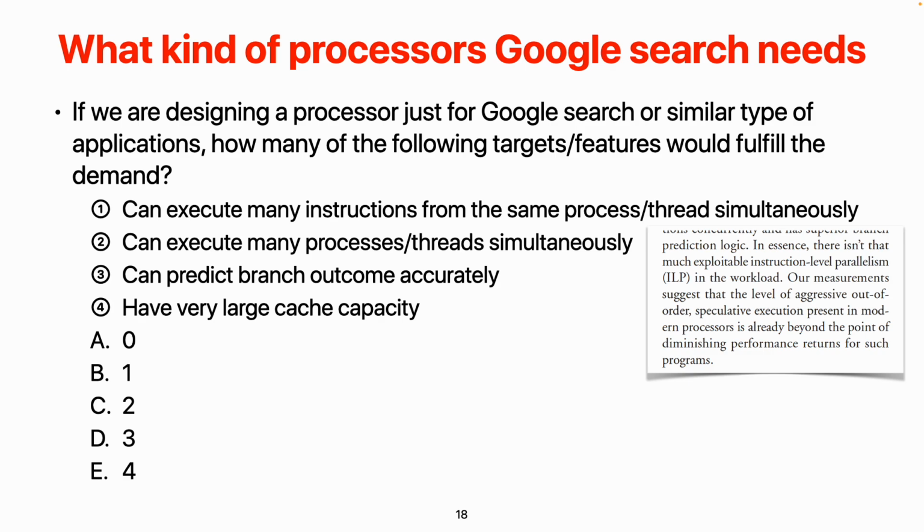How about the second? Do we want a processor with as many processes and threads simultaneously being executed? So what kind of parallelism is this sentence referring to?